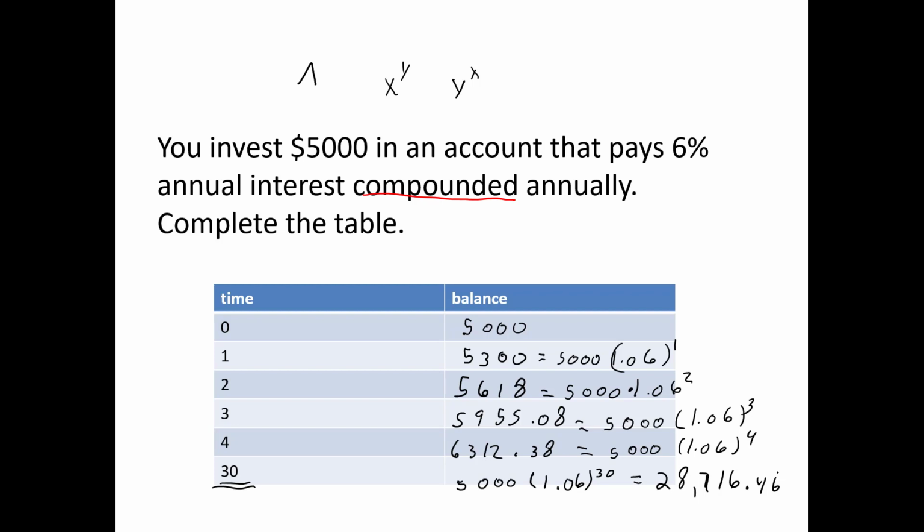We would have only made $9,000 in interest. Using the simple interest formula, you would have collected $9,000 in interest, and you started out with 5,000, and so then your total would have been 14,000.